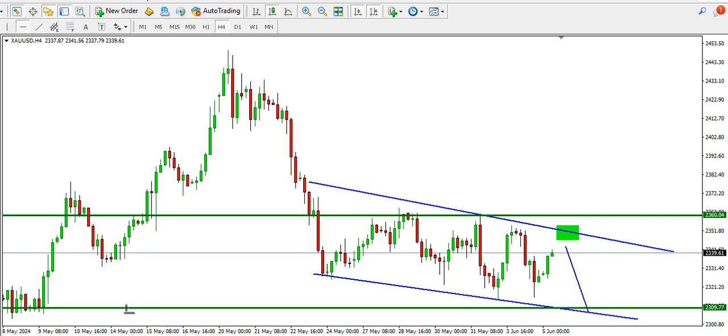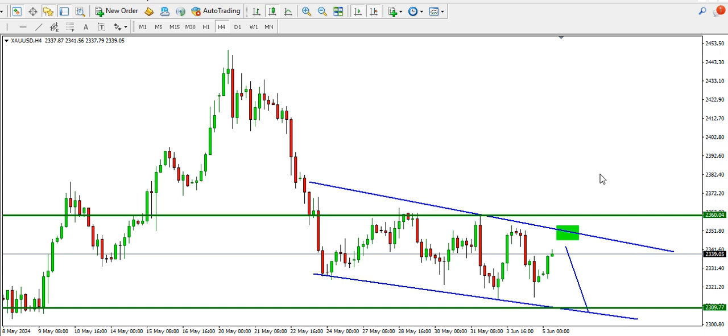With this order block, price might find buyers and possibly go up. And if price drops to this low, I'm talking about the 2300 psychological level, price might pick up buyers and start to go up.